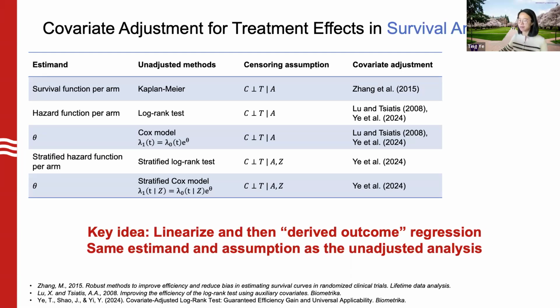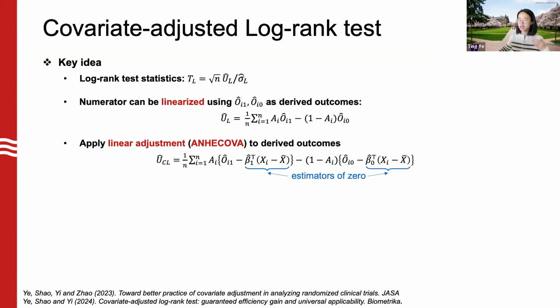So that's the pipeline. It adds a linearization step before doing regression and covariate adjustment. This makes sure that we target the same estimate under the same assumptions as the unadjusted analysis. I'll show two examples just to give a flavor of how we do covariate adjustment.